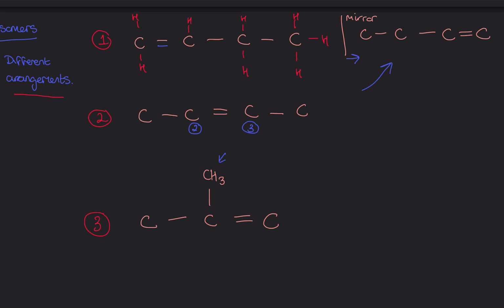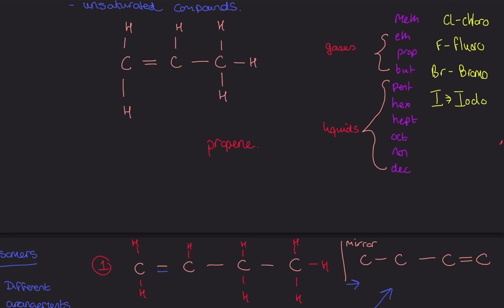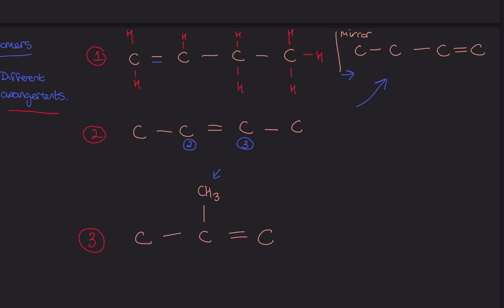Now, I'm going to give you a second to try and actually name that. So pause the video and try and name the third isomer that you see there. So look up here for a second, get your number of carbons, and now try and name it.